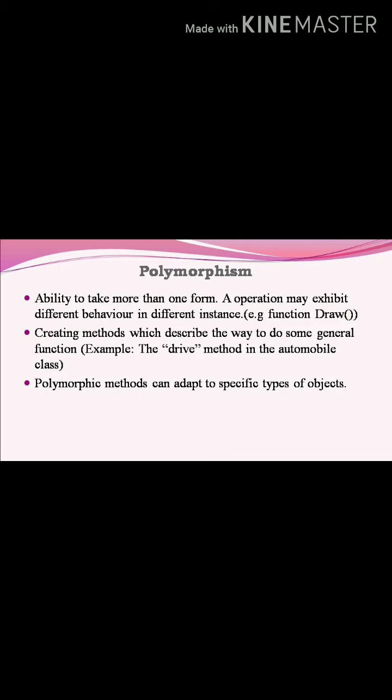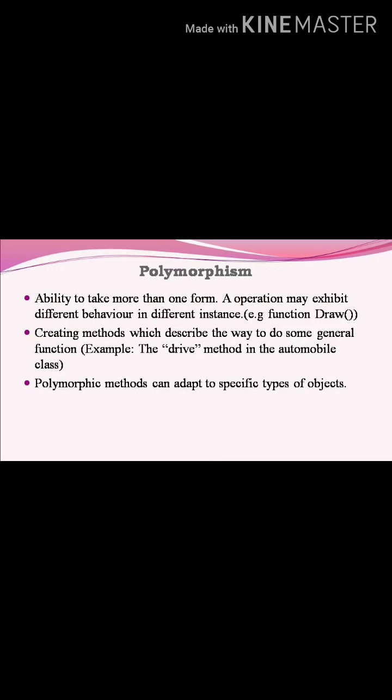Polymorphism. It is a Greek term meaning the ability to take more than one form. An operation may exhibit different behavior in different instances. For example, the function draw. Creating methods which describe the way to do some general functions, for example, the drive method in an automobile class. Polymorphic methods can adapt to a specific type of object. For example, consider the operation of addition for two numbers.